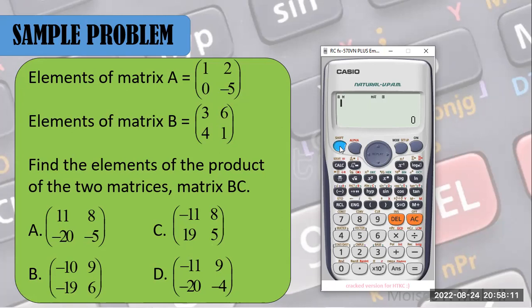No? Hanapin mo si matrix A times matrix B. So, matrix A times matrix B equals, so you have 11, 8, negative 20, negative 5. So, the correct answer is letter A.